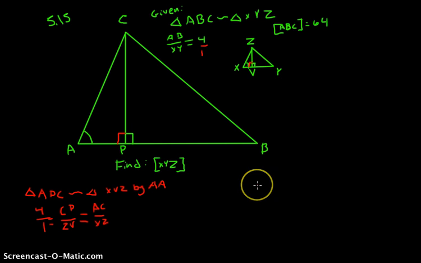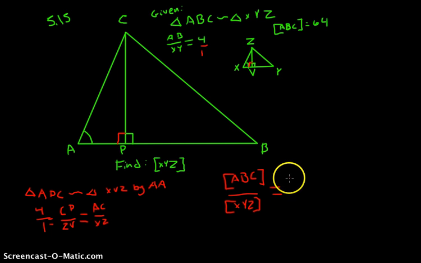Now that we have the altitudes, we need to find the ratio of the areas. So the area of ABC over the area of XYZ. The area is base times height over 2 for any triangle.